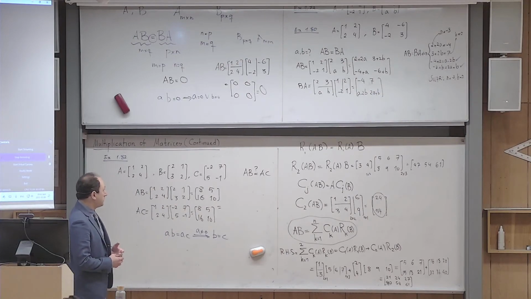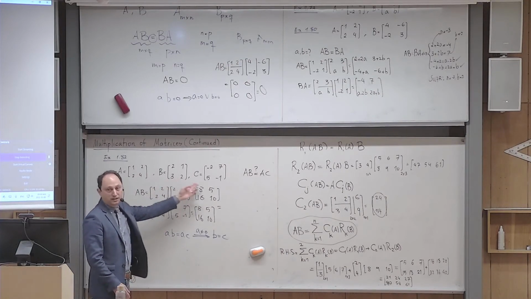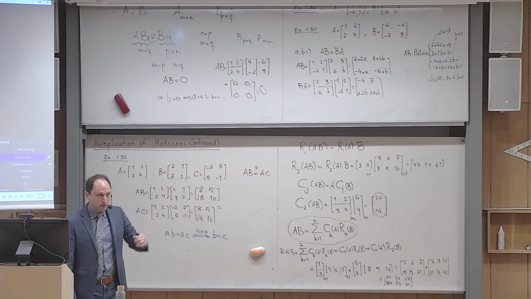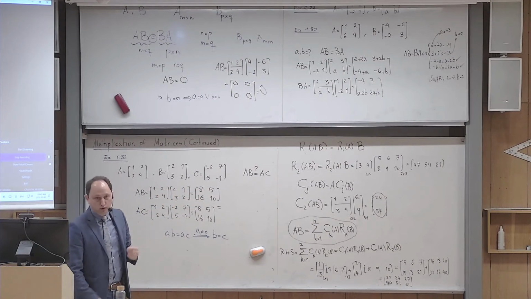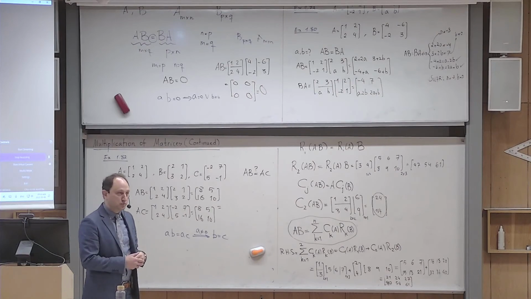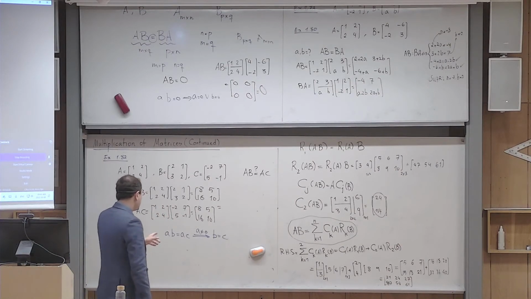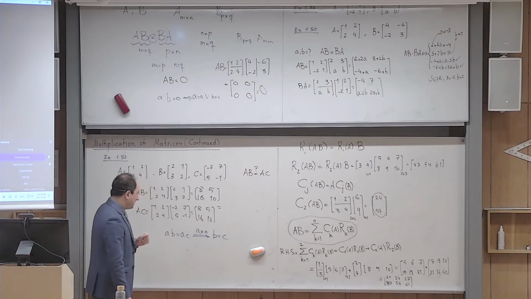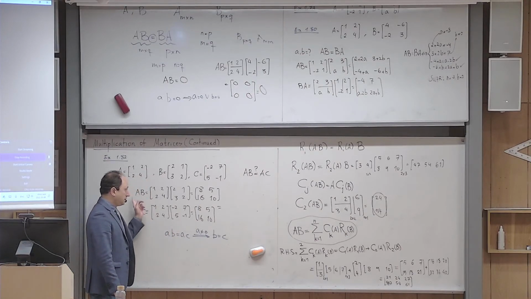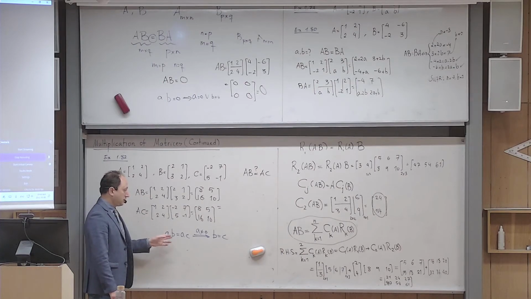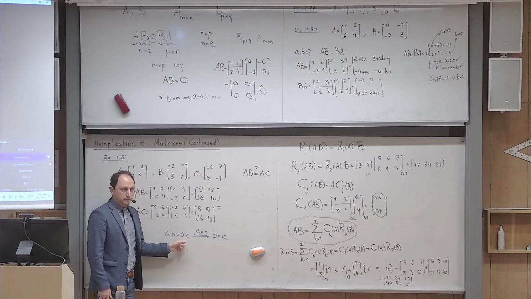They don't even share one single entry, let alone being equal. So that is the third important thing that you shouldn't blindly use, because you are used to using it in numbers. Multiplicative cancellation in the algebra of matrices in general is not true, but we will fix it later.